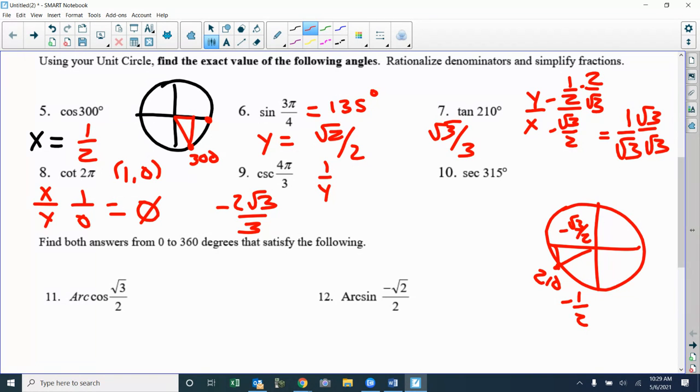Invert and multiply. Secant of 315 ends up being the square root of 2. So that is the square root of 2, secant of 315. And that is 1 over your x value. Your x value there is square root of 2 over 2, invert and multiply.